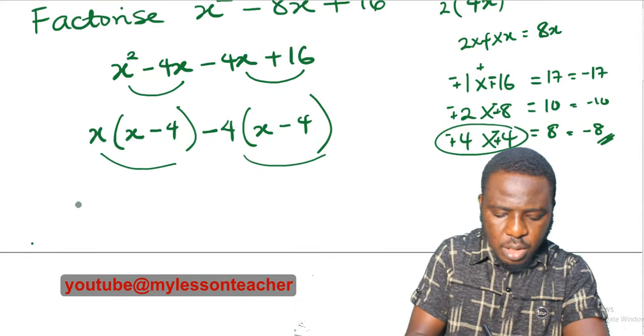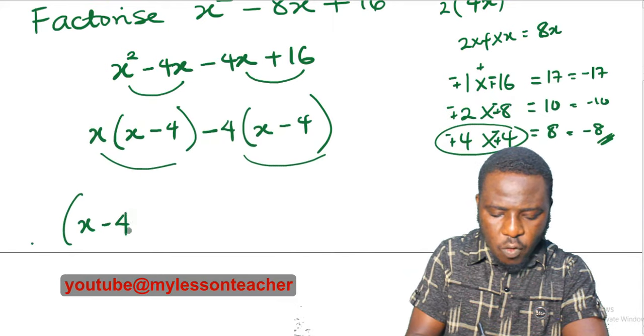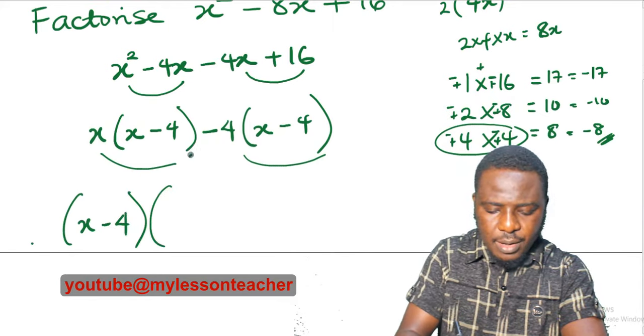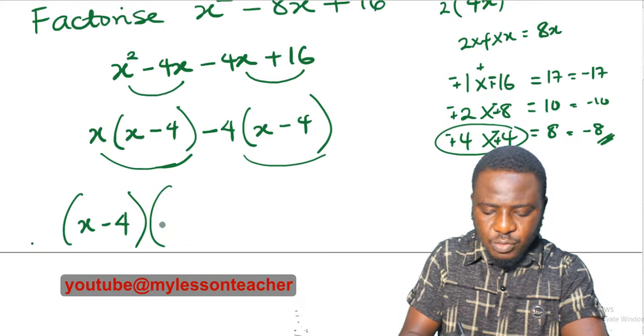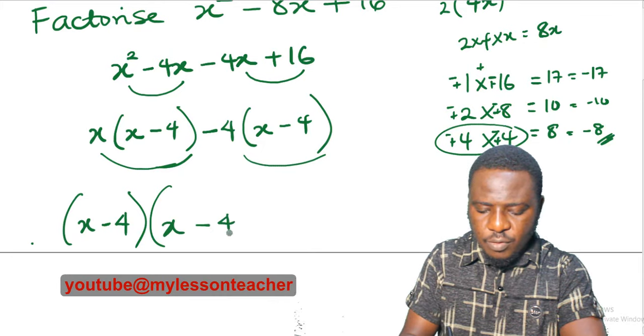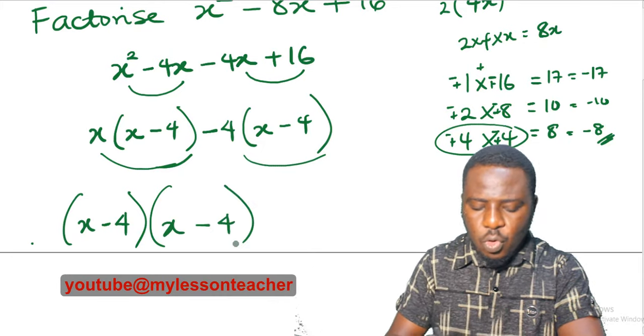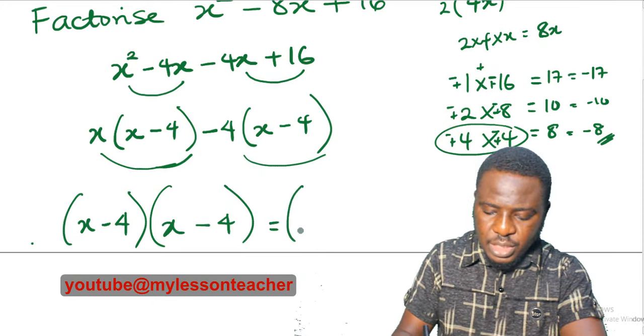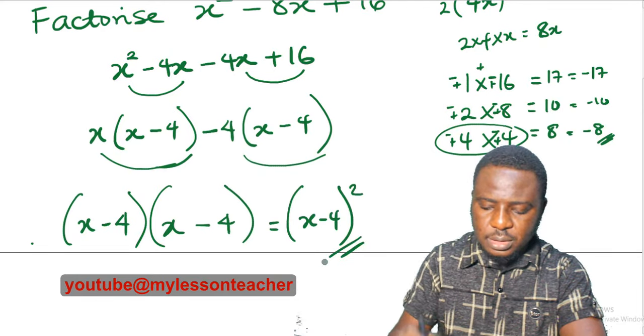This becomes bracket x minus 4 into bracket, when you divide here by x minus 4, you'll be left with x. Divide here by x minus 4, you'll be left with what? Minus 4. So we have been able to factorize it into a 1-term expression, and if you look at it, this can be said to be equal to x minus 4 squared.